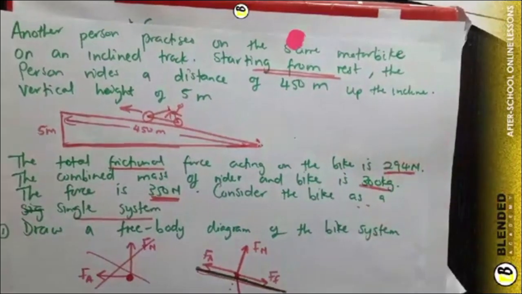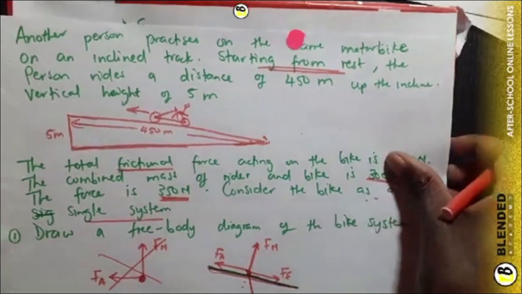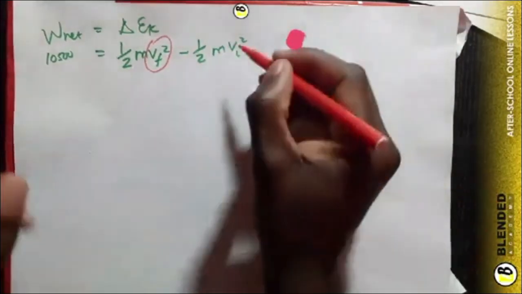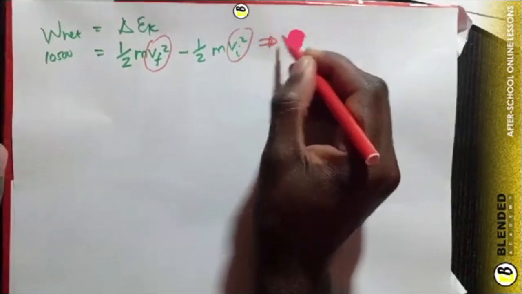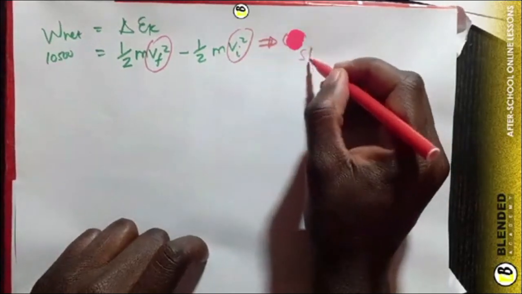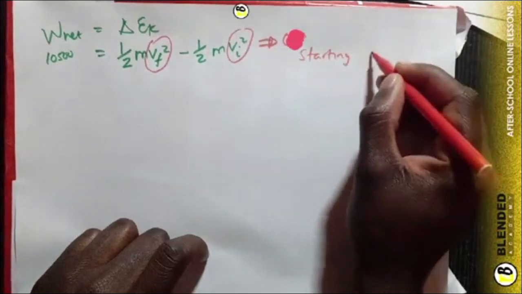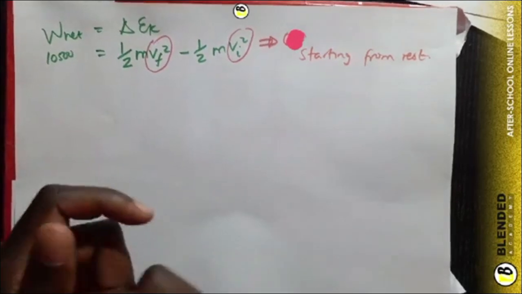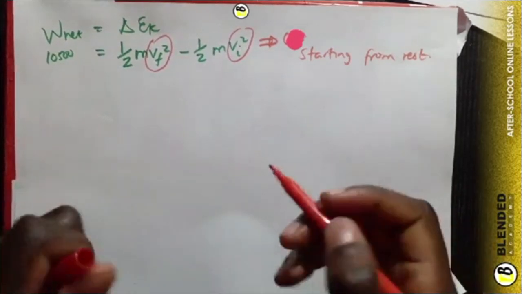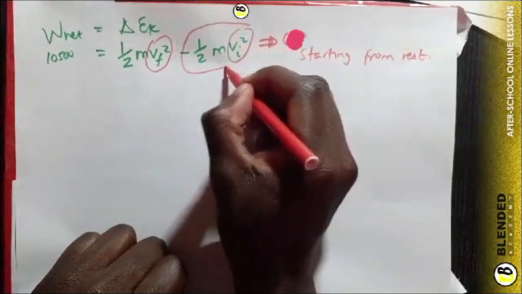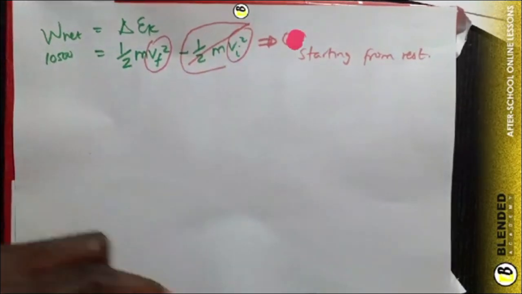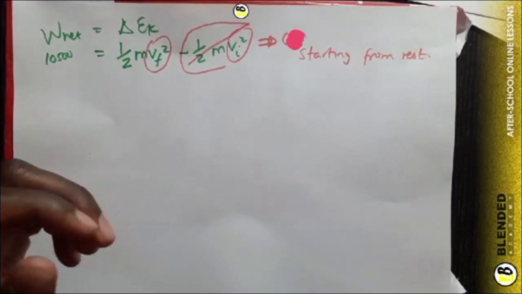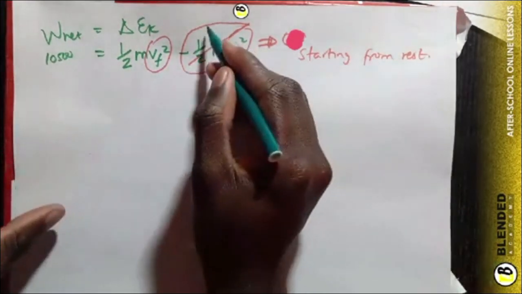That means the initial velocity will be 0 meters per second. So this whole portion of the equation is 0, because any number multiplied by 0 is 0. So we've eliminated this part of the equation.